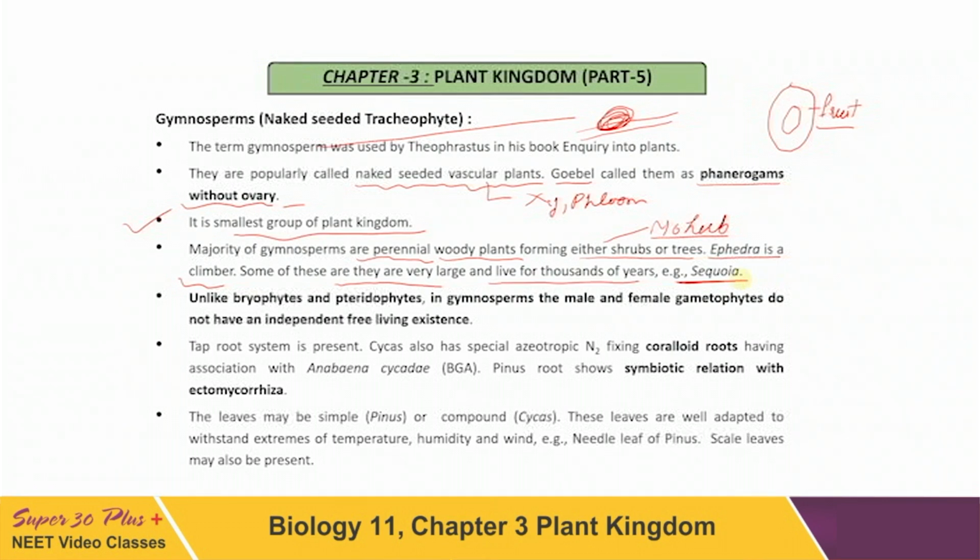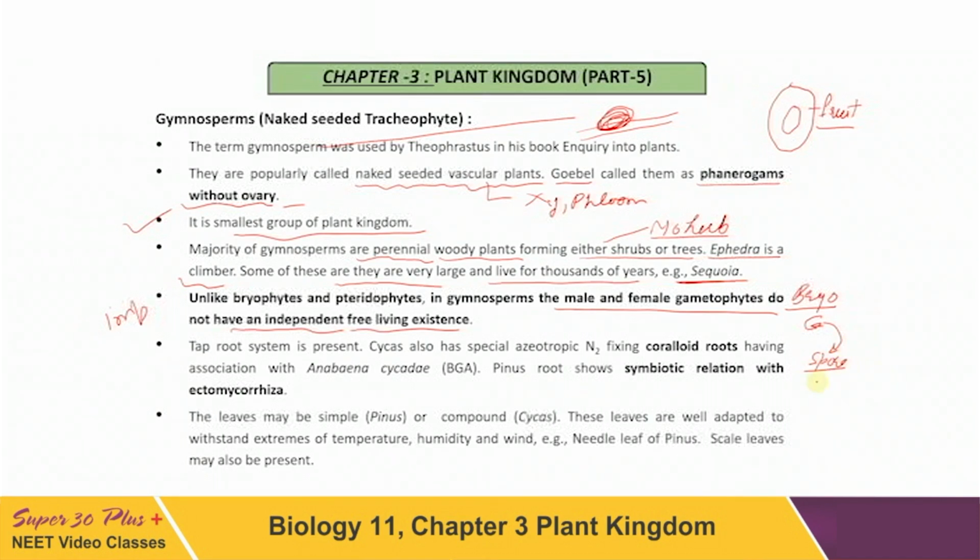Unlike bryophytes and pteridophytes, gymnosperm doesn't have male and female gametophyte which are independent or free living. Very important point this is. In case of bryophyte, the main and dominating plant is gametophyte, and on this the sporophyte will be there, which is also depending upon gametophyte.